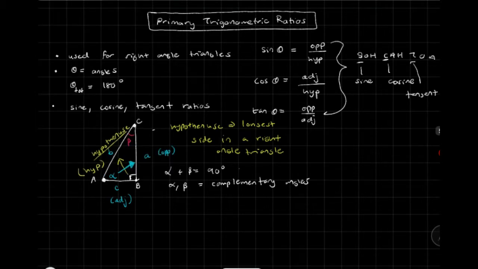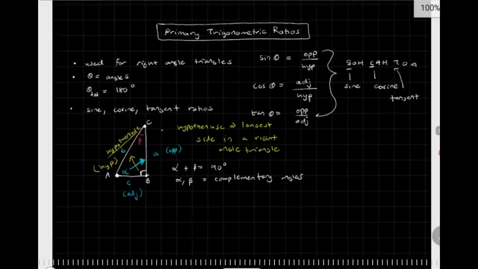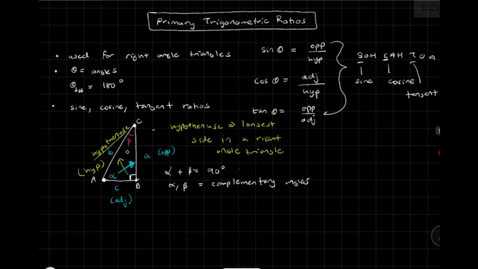If I'm looking at angle beta, you can notice that now this side becomes the opposite side. The hypotenuse will still stay the same, and this becomes the adjacent side. So depending on our reference angle, it changes the ratio.